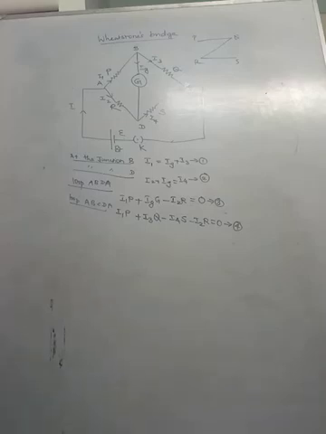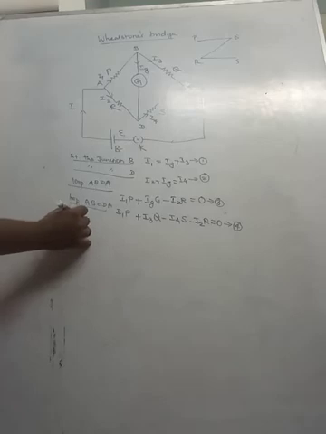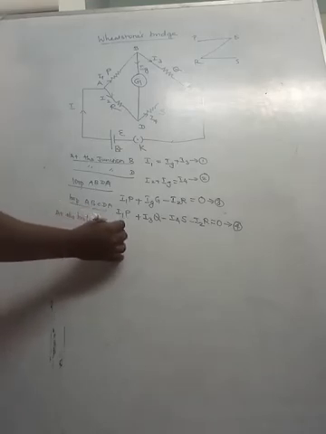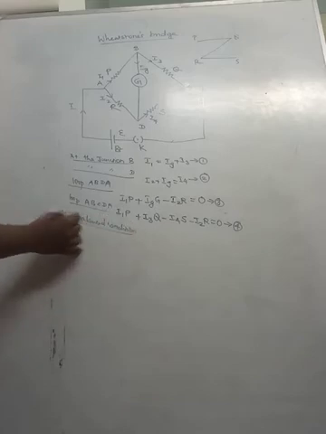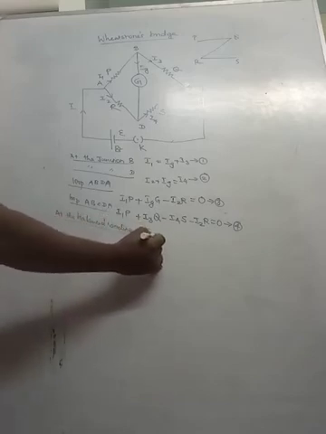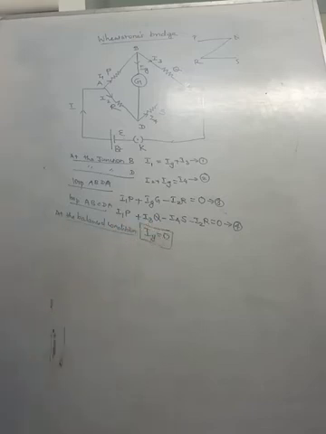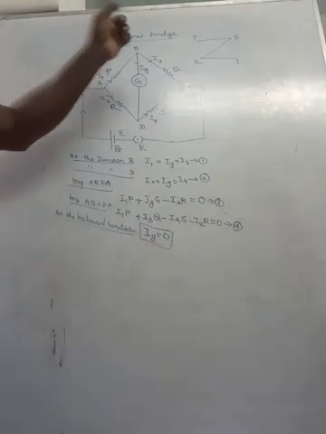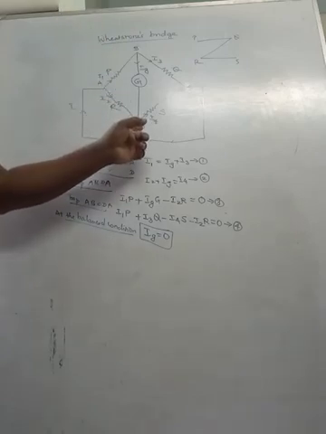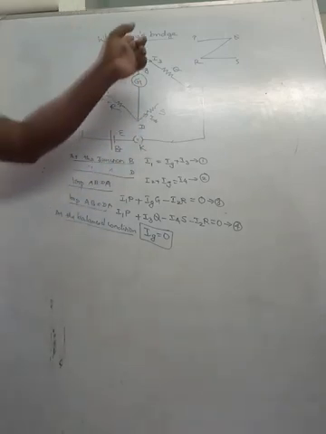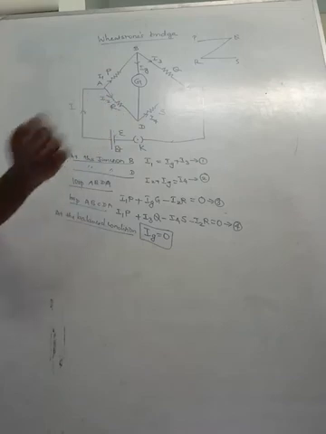Okay. Now at the balanced condition, the current entering into the galvanometer will become 0. Now, this is very important. Balanced condition means the potential at B and the potential at D both will become equal. That means VB will be equal to VD.